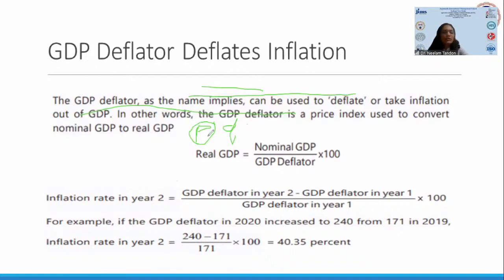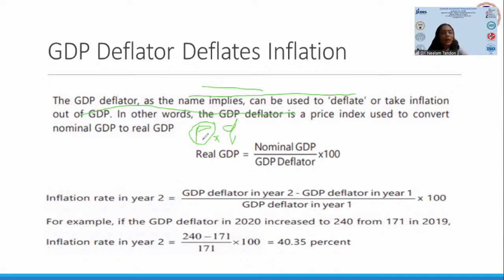Since I'm taking the price of the base year and the output of the current year, and I multiply these two, the outcome will only be reflected because of the change in output. Prices will remain the same.